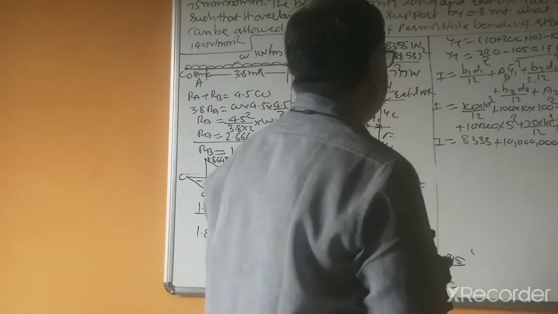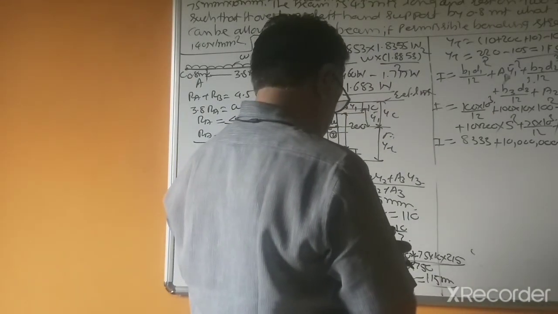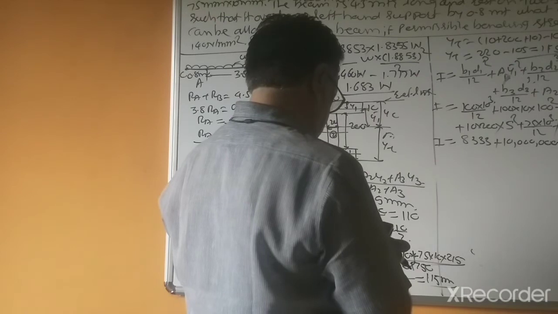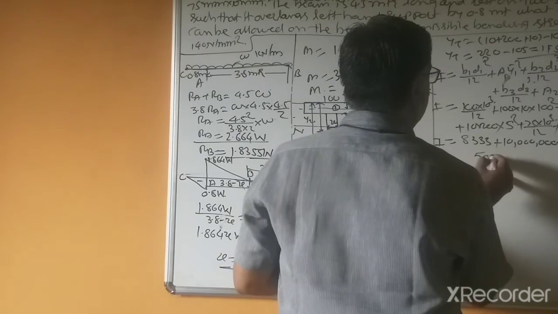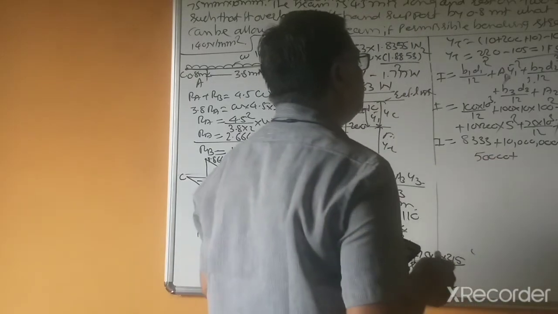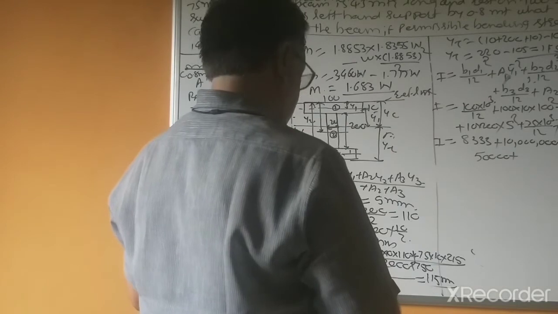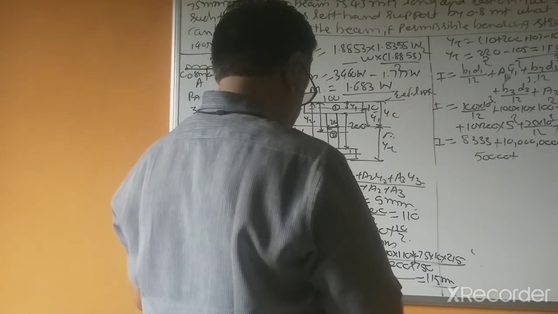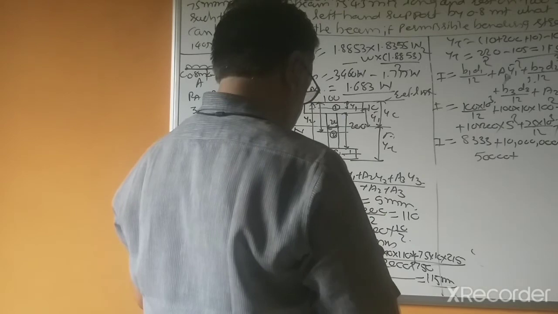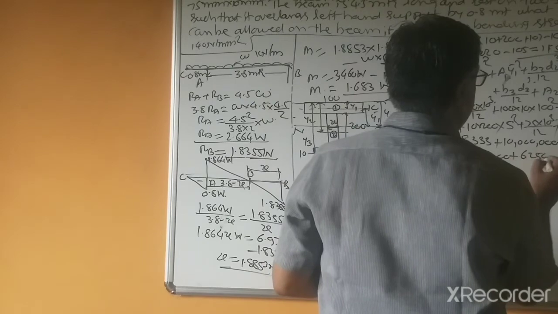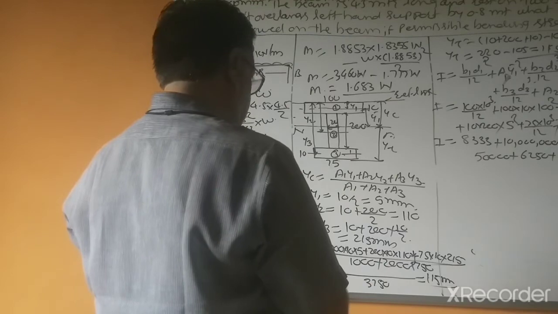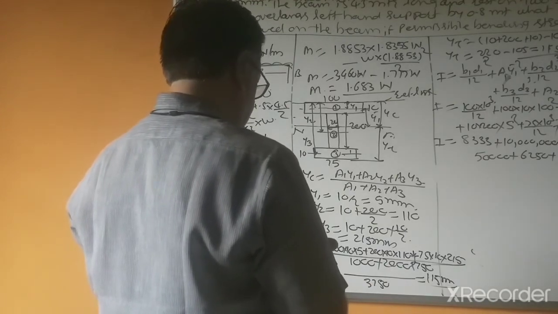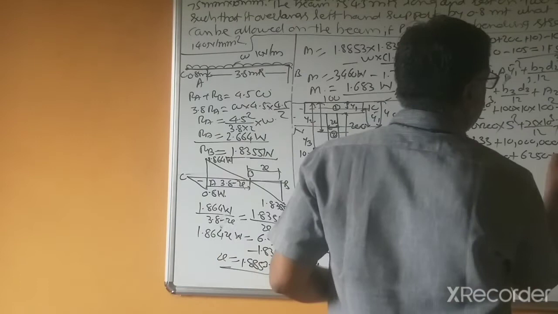All right. 10 into 200 into 5 square: 50,000, plus 75 into 10 cube divided by 12: 6250, the fifth term. And the last term, 75 into 10 into 110 square: 82500.